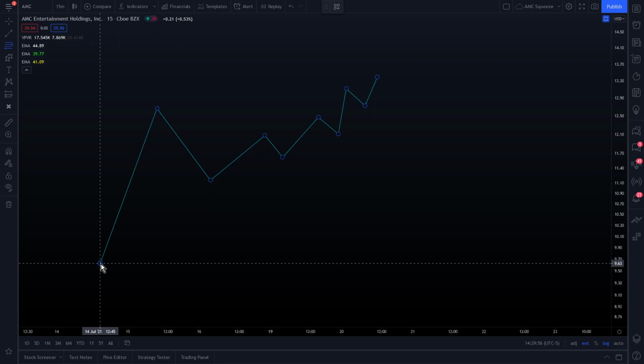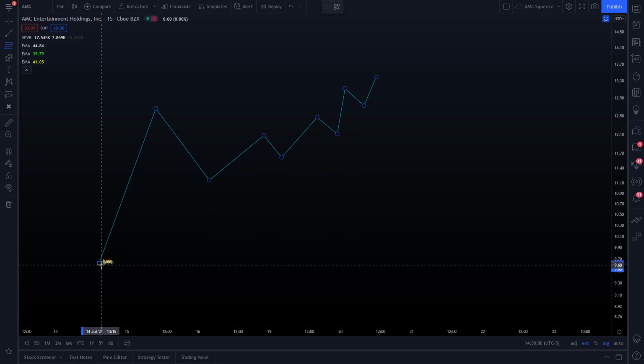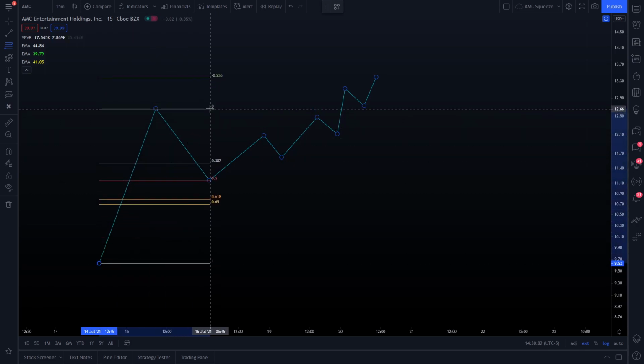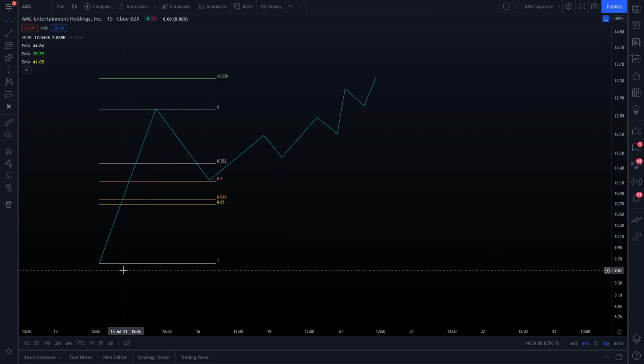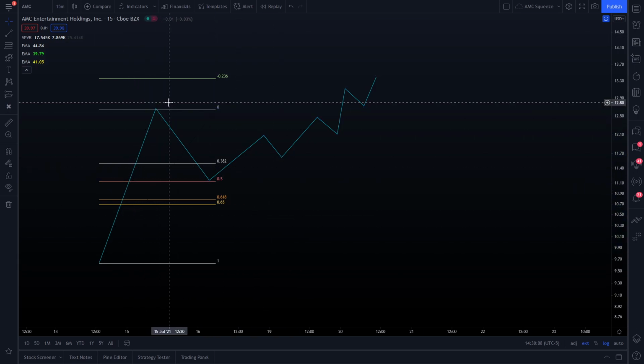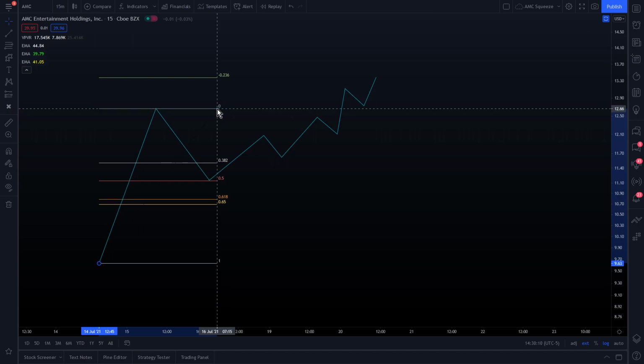If you start here, assuming the trend is going to be up, you would start at the low and pull to the high of that price action. In technical analysis, people refer to a measured move as many different things, but for the sake of this lesson, this is a measured move.